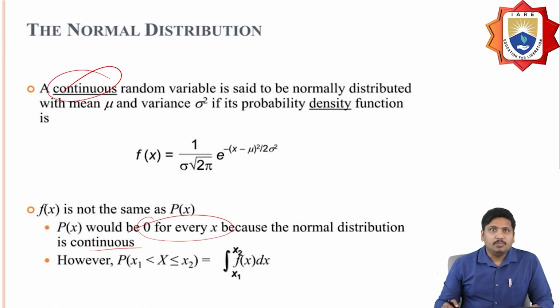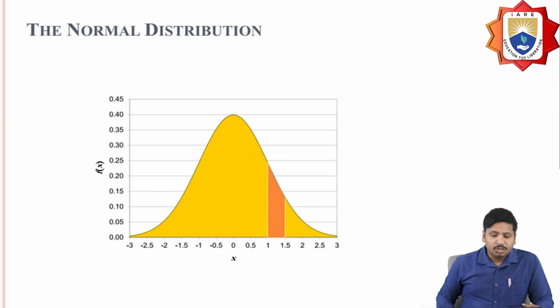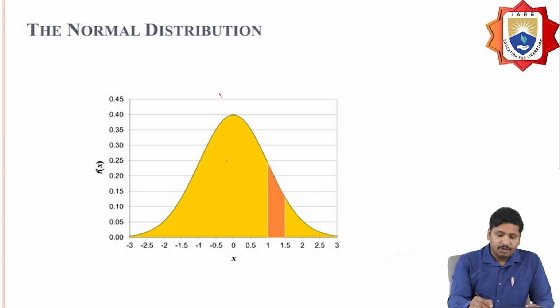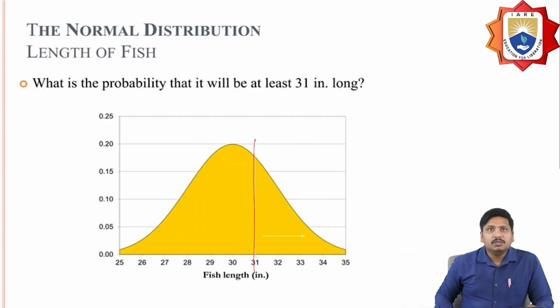The random variable is continuous, and the probability density function is given by f of x equal to 1 by sigma root 2 pi e power minus x squared by 2 sigma squared, and f of x is not the same as p of x. This is the normal distribution curve, and the middle of the curve is treated as the mean value.